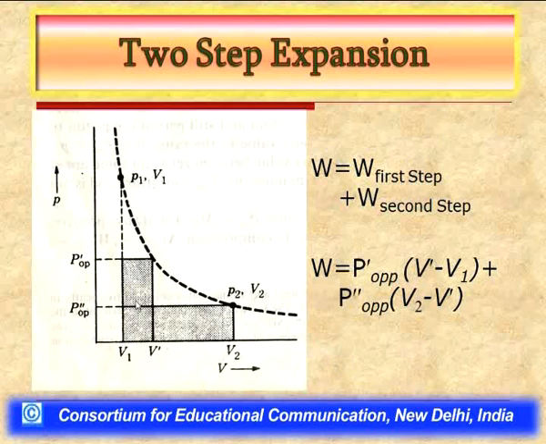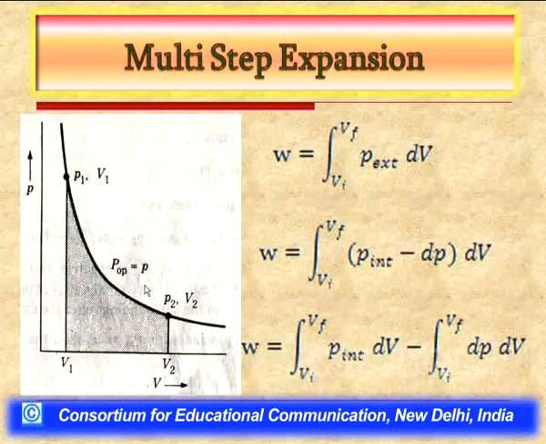In addition, now we have some additional shaded portion over here. So, you can appreciate that compared to a single step process, if we carry out the same expansion process in 2 steps, we will observe a greater amount of work being produced in the surroundings.